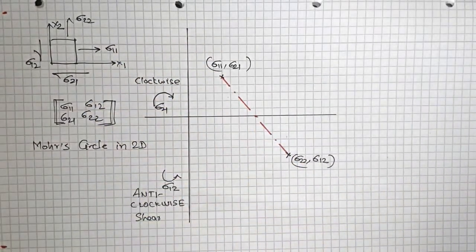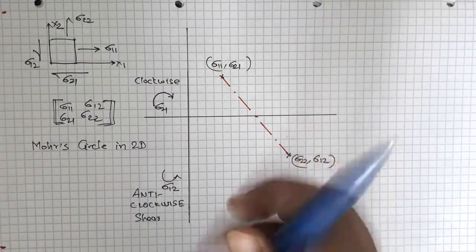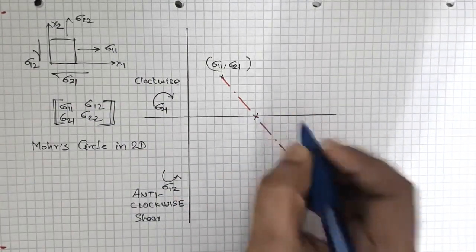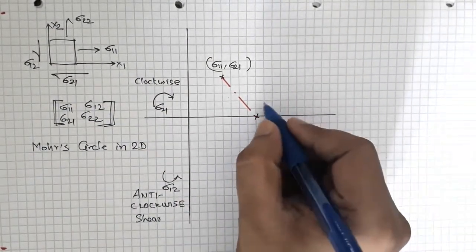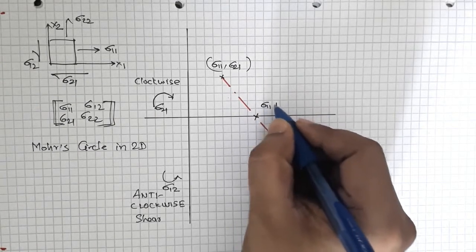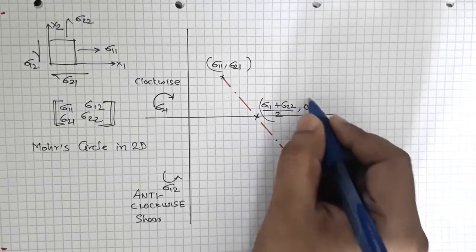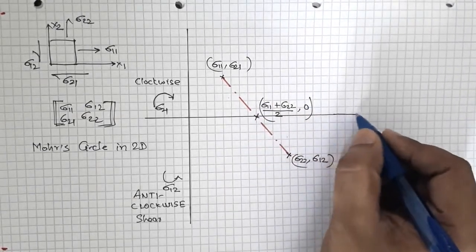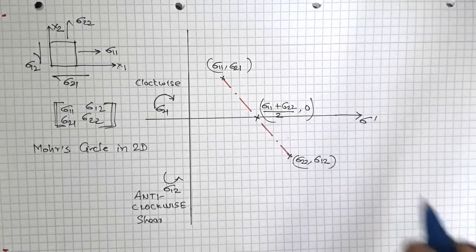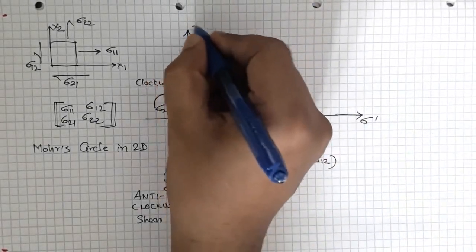Okay, and now we need to draw a circle. So we have the center point is this, and the coordinate of this center will be (sigma 11 plus sigma 22) divided by 2, 0, as there is no shear stress, and this axis is sigma dash and this axis is tau dash.